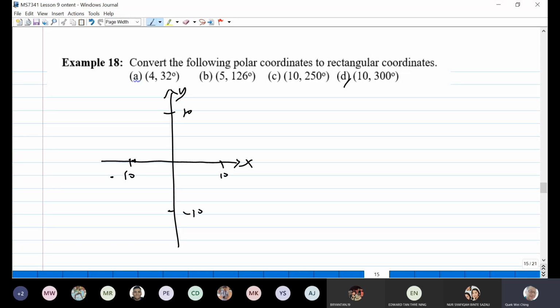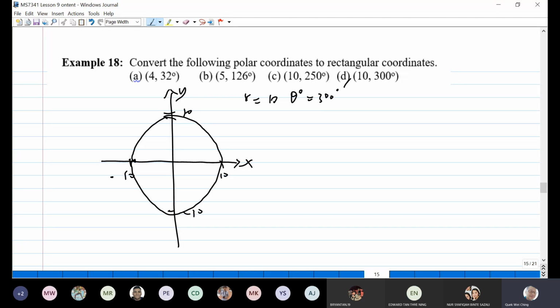So draw a circle, radius 10, pass through all these points. And the angle is 300. R equal to 10, theta is 300.